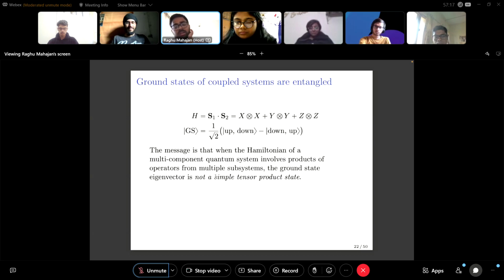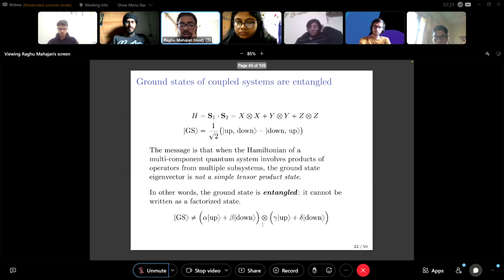And note that this is not a simple tensor product state. This state cannot be written as a product of the state of the first electron times the state of the second electron. Essentially, if you take this equation at the bottom and try to solve for alpha, gamma, beta, and delta to get this 1 and -1 coefficient, you will fail. This will not work.